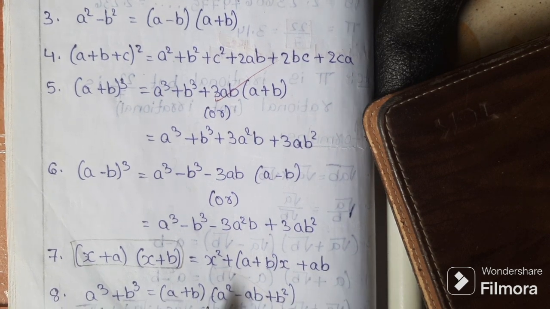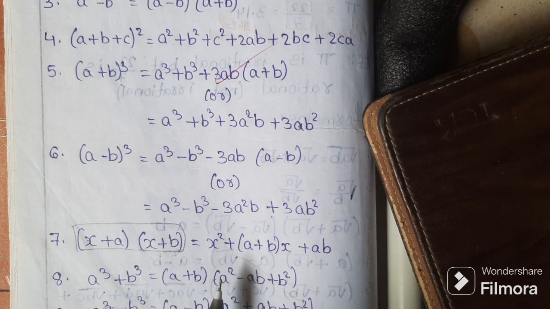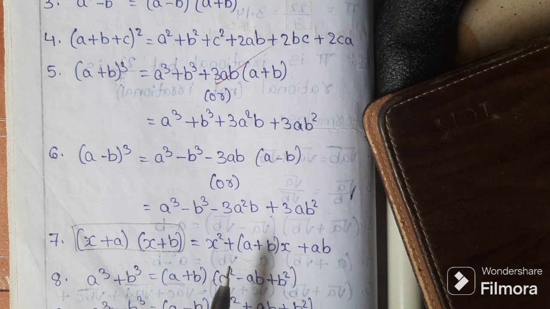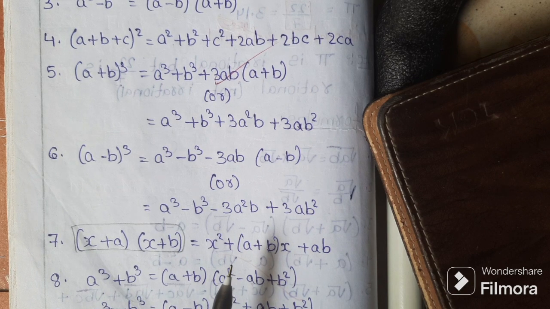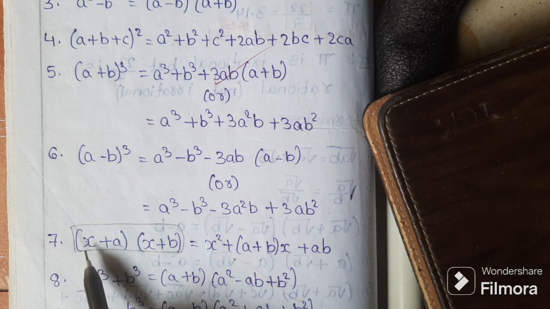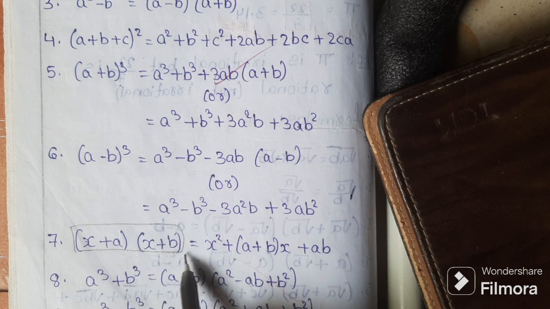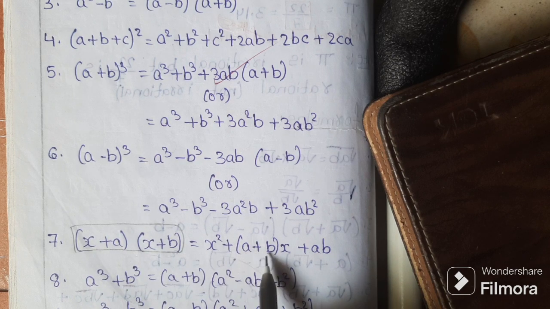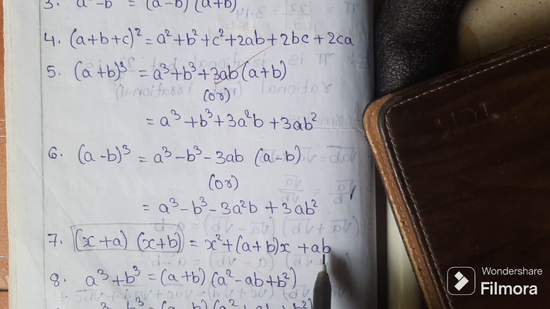Children, I shall give tick marks afterwards to the ones that are useful in our 9th standard sums, but at the higher level all these formulas are very important. Already you have learnt in 8th level, x plus a into x plus b is equal to x square plus a plus b into x plus ab.